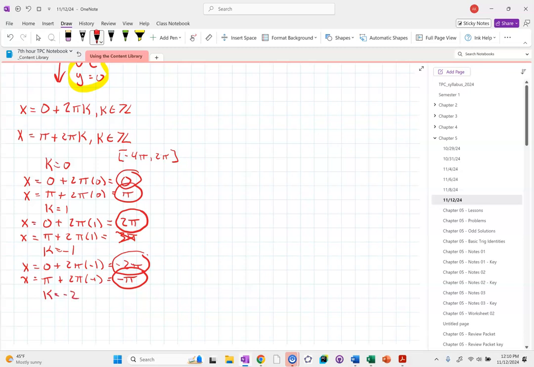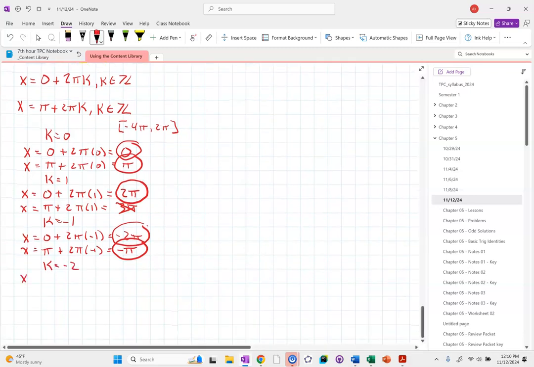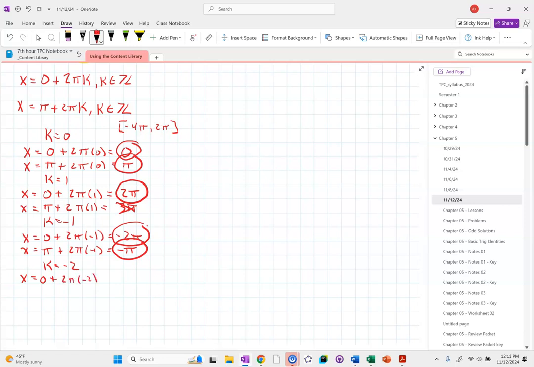Okay, so we'll keep getting smaller. So there I have negative 4 pi and negative 3 pi.